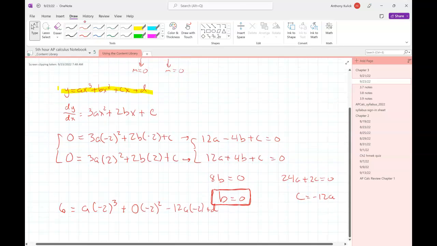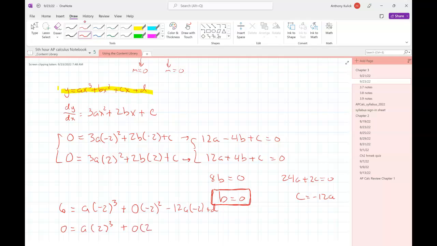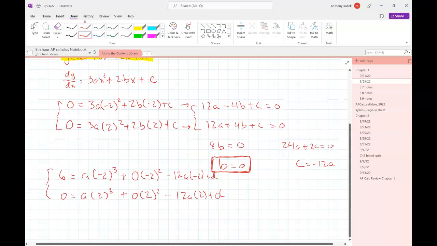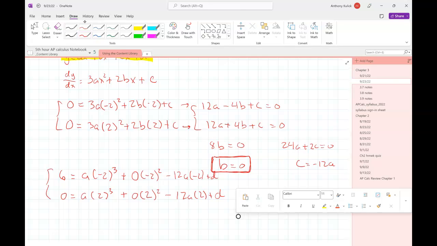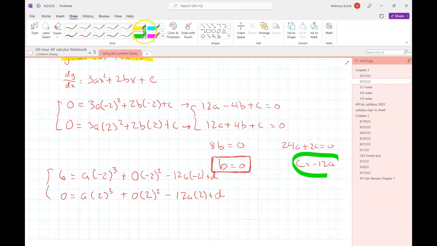And then my other is going to be 0 equals a times positive 2 cubed plus 0 times positive 2 squared minus 12a times 2 plus d. That'll form another system for me. Is that still doing okay? I'm using that substitution for c that I found from the derivative. Felt like that's going to at least get me down to a two-variable system that I can deal with. That's probably the sneakiest observation, is that you could still do something with that.